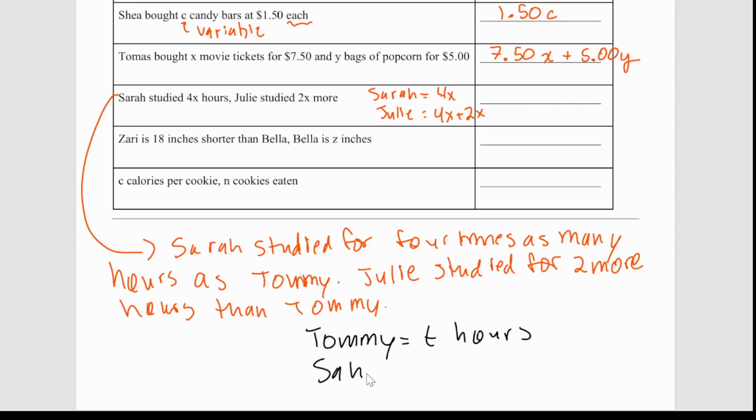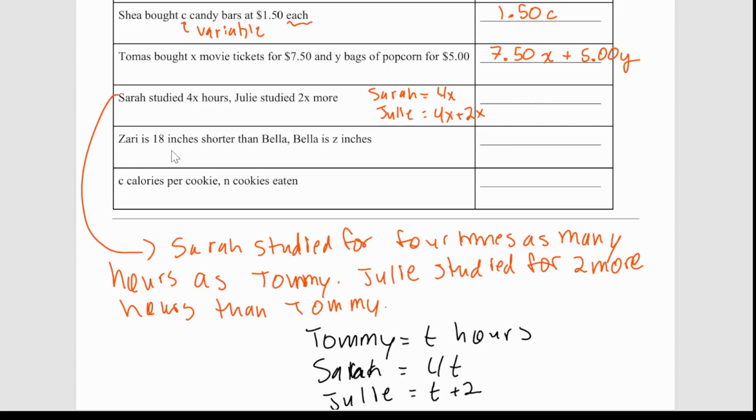That would mean that Sarah would study, since it says 4 times as many, 4T hours. While Julie, since I just said 2 more hours, that's indicating addition instead of multiplication, so that would be T plus 2, for example. Let's go ahead and take a look at the next one.